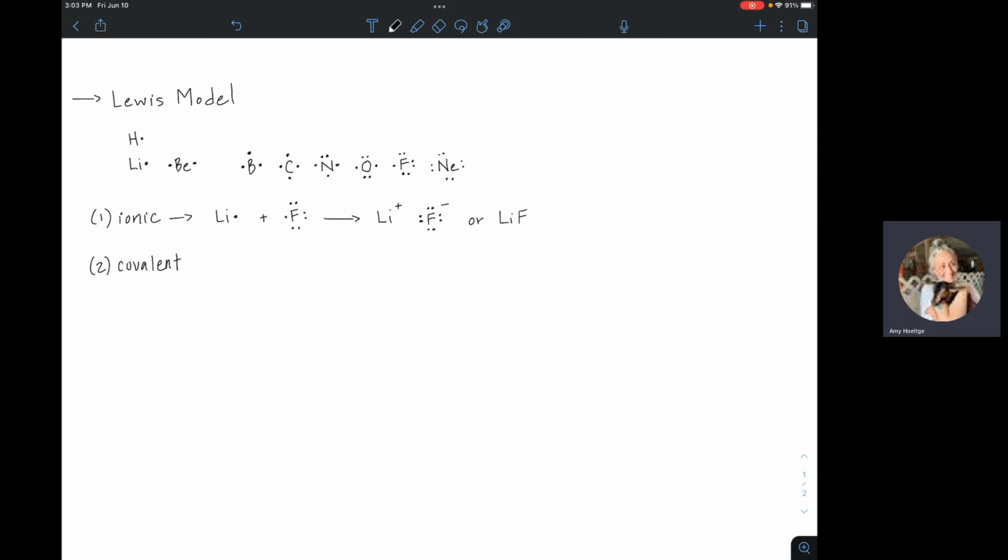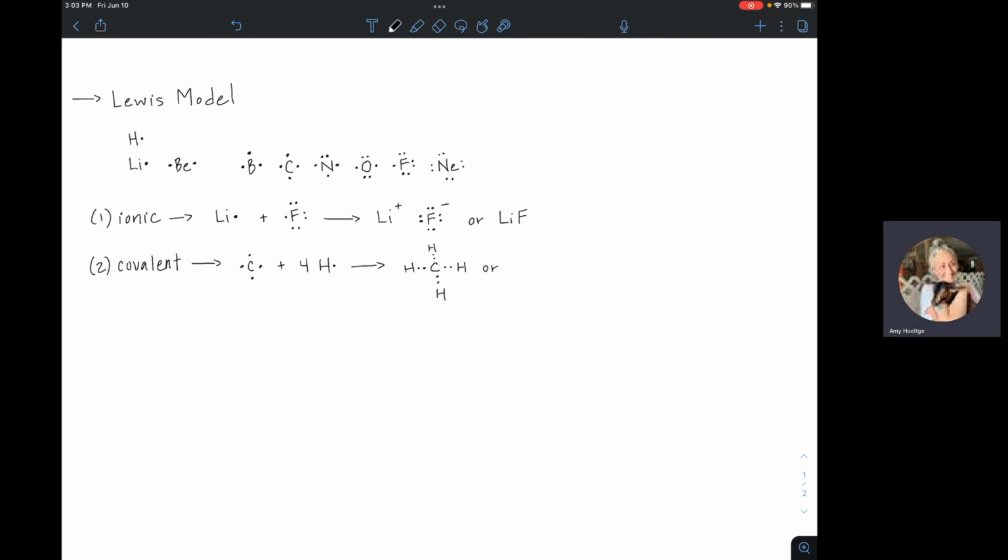You can still use the Lewis dots to do this, but I could take something like carbon with 4 valence electrons, and I can take 4 hydrogens, each with 1 valence electron, and I can make a molecule where we're sharing instead of donating these valence electrons.